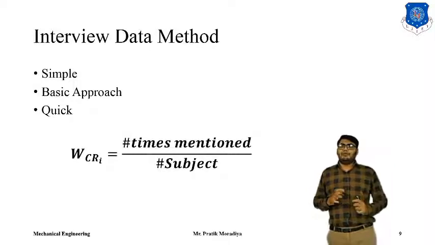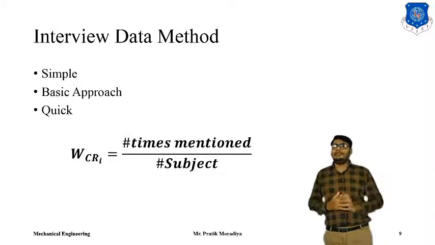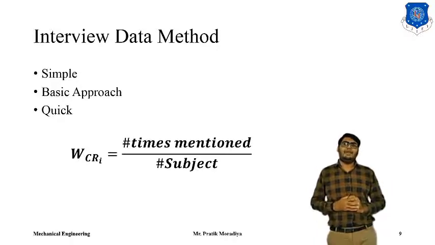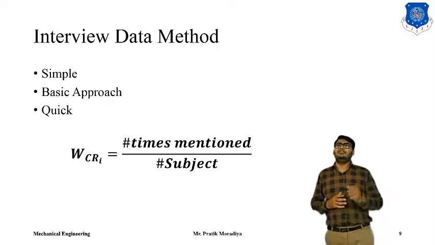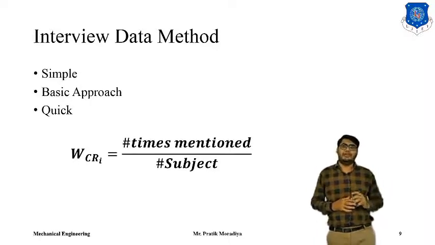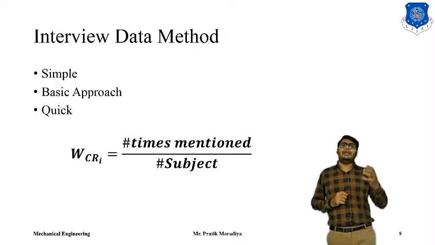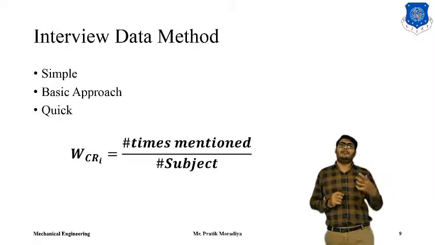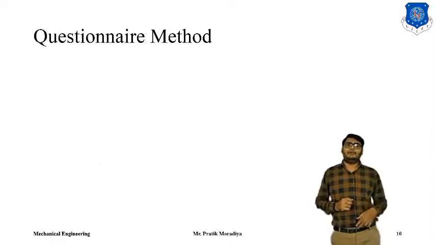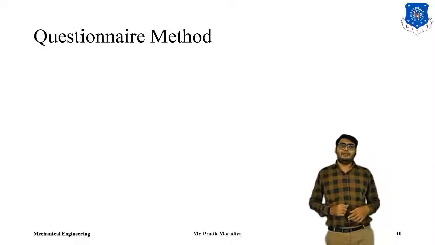We analyze the data of the interviews and see how many times each need is mentioned, and we give a weight to each need. So if a need is mentioned 9 times out of 10 customers, it will have a weight of 0.9. If a need is mentioned 2 times out of 10 people, it will have a weight of 0.2. So that is a very basic method.